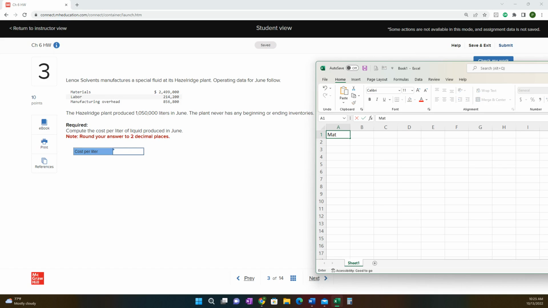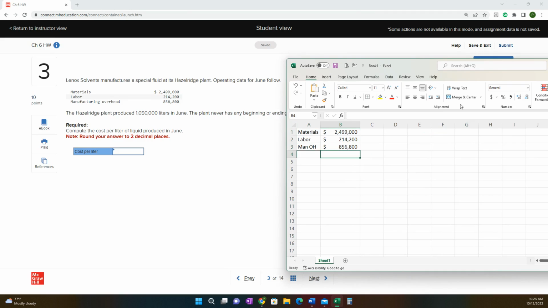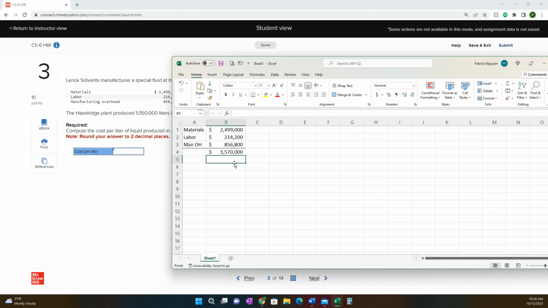This question is pretty straightforward. It gives us the amounts for materials, labor, and manufacturing overhead. Materials is 2,499,000. Labor is 214,200, and manufacturing overhead is 856,800. So we total those to get a total cost of $3,570,000.